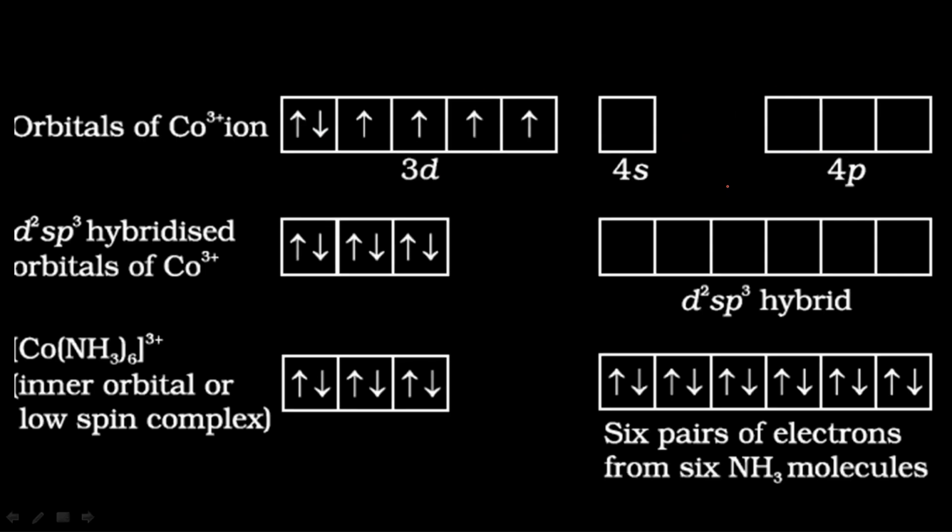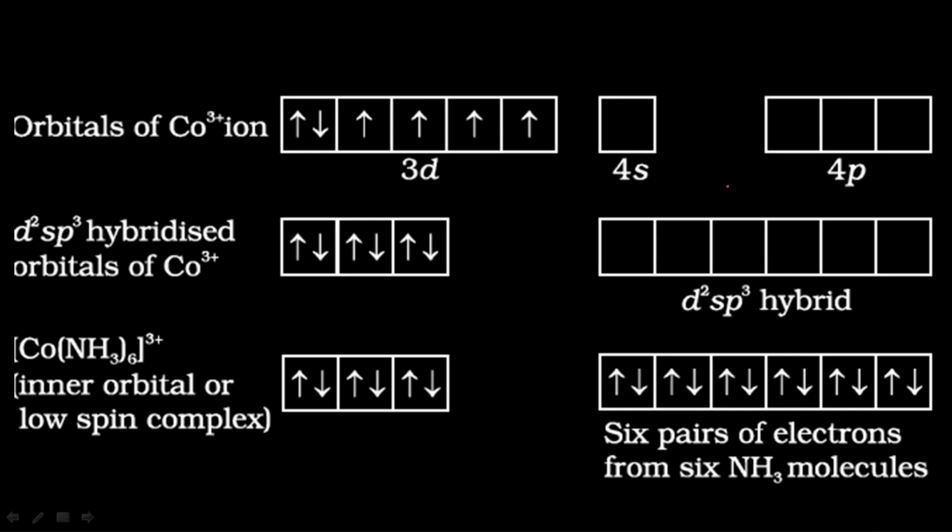Now in case of cobalt 3+, what is the atomic number of cobalt? 27, right? So you will write the configuration and then remove 3 electrons.